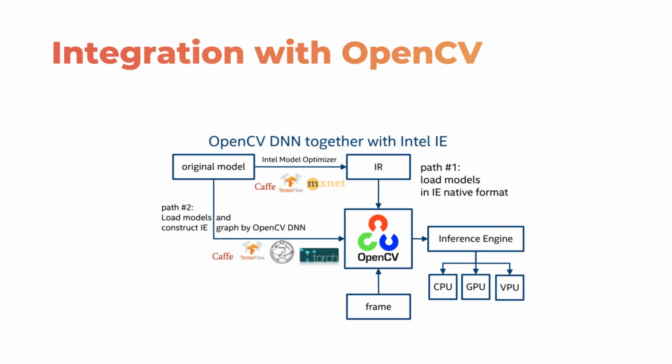So the advantage we have with this integration is OpenCV developers can start tapping into OpenVINO without learning any new constraints. For example, they don't need to learn the API provided by Inference Engine. They don't need to understand intricacies of the Inference Engine, the plugin model, and the API provided by OpenVINO.